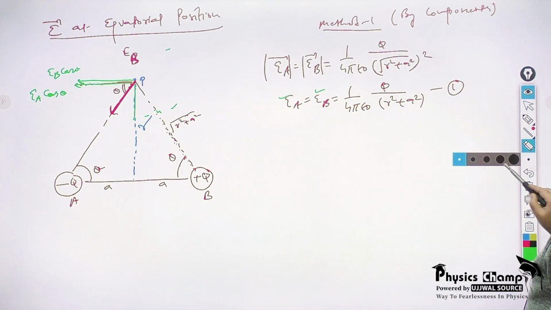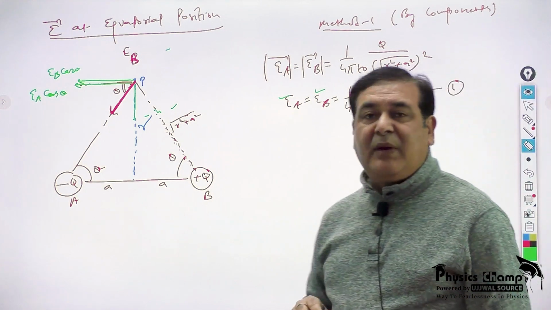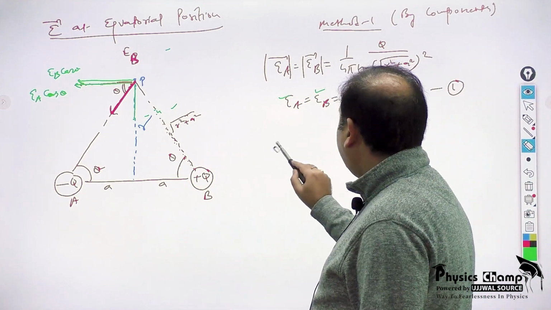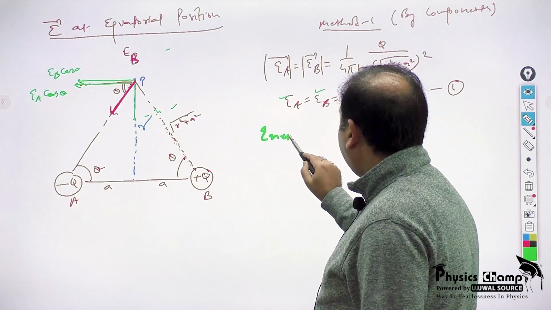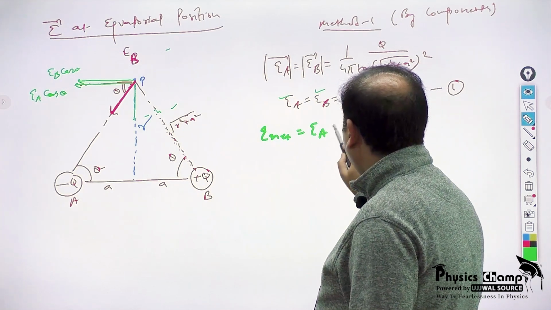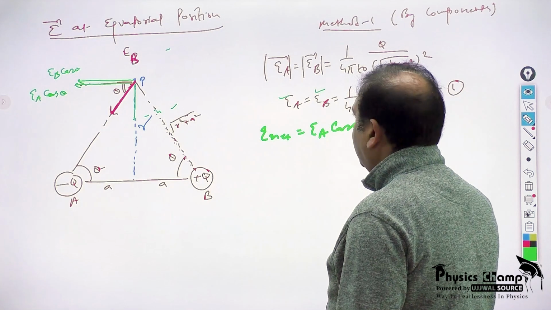EA cos theta plus EB cos theta. So we can say the net electric field at point P is EA cos theta plus EB cos theta.